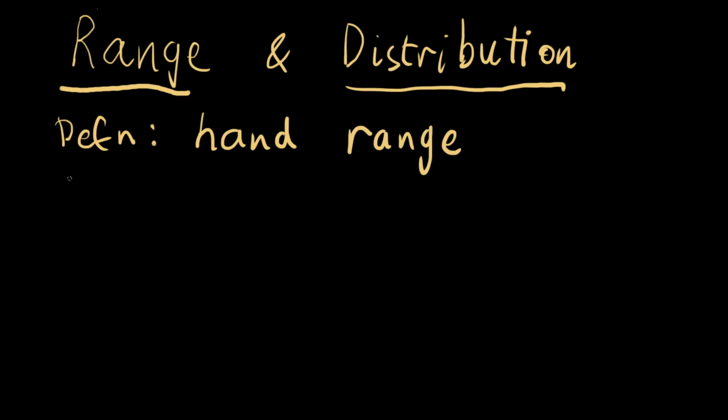Okay, so hand range is a function. If you remember stuff from maths, we have a function. Let's call that function f. It doesn't really matter what the function name is.